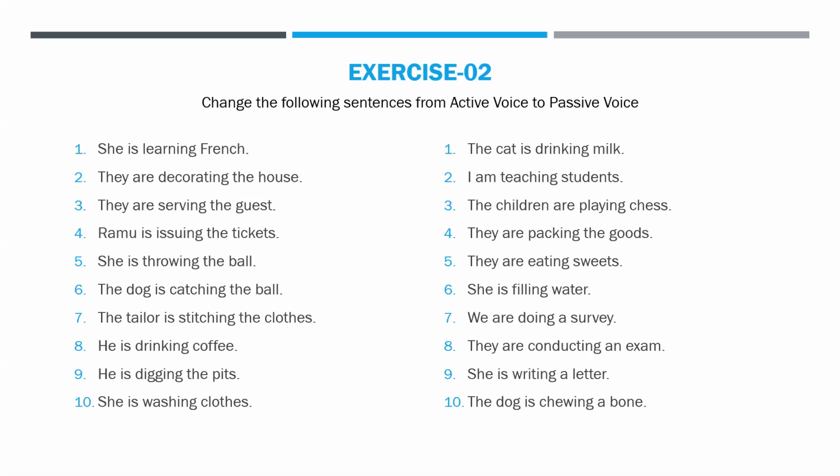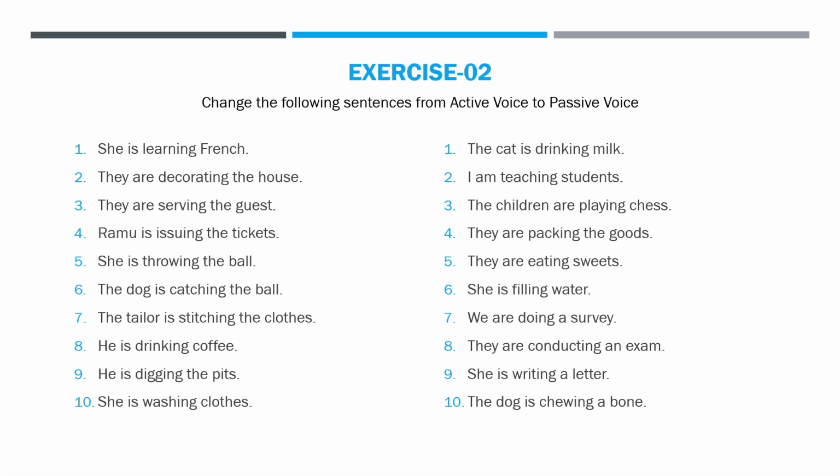He is digging the pits. She is washing clothes. The cat is drinking milk. I am teaching students. The children are playing chess. They are packing the goods. They are eating sweets. She is filling water. We are doing a survey.